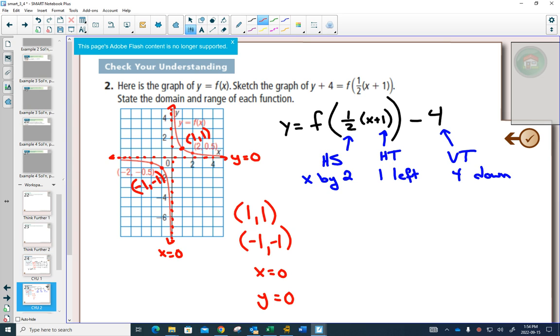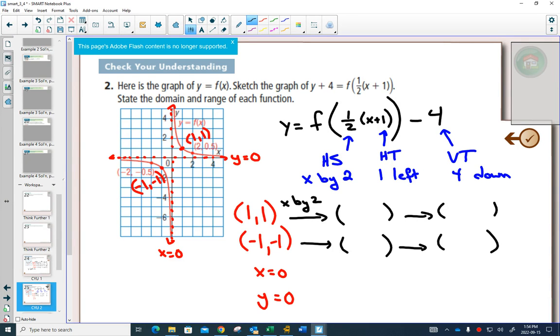We'll do those last. We'll do our points first. And we have stretches and translations. So we have to do 2 sets of brackets. How many stretches, compressions do we have? Only the 1. So above my first arrows, I will only do the x by 2. But with translations, I have 2 of them.